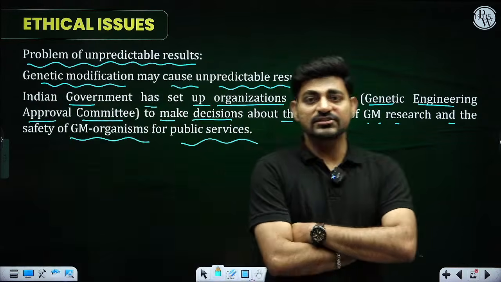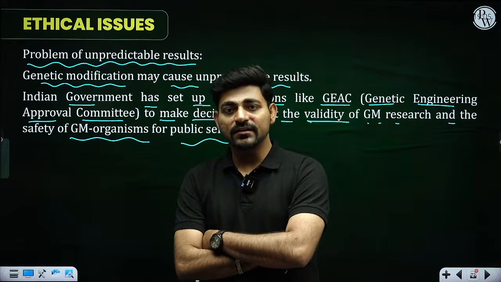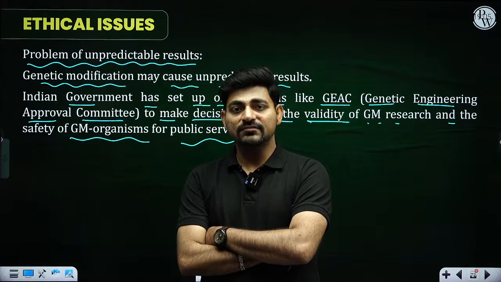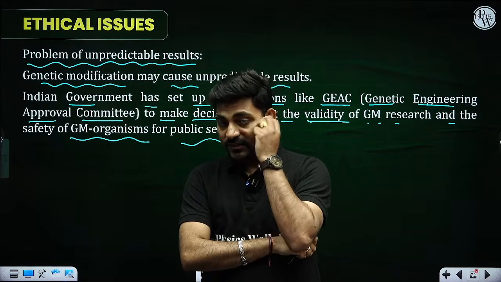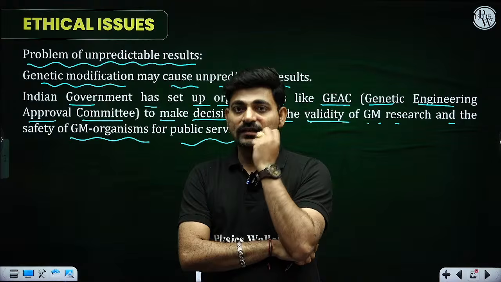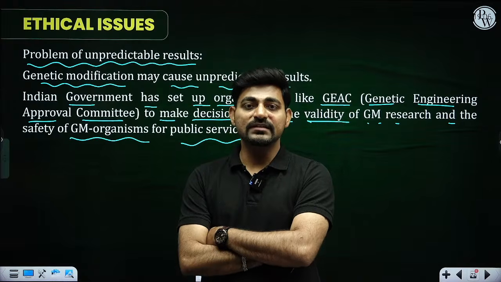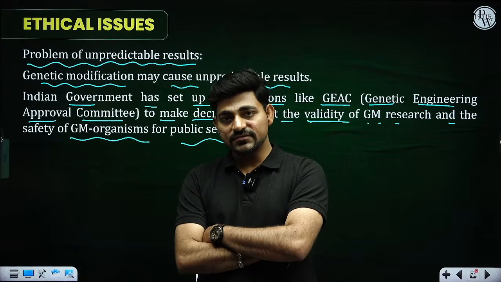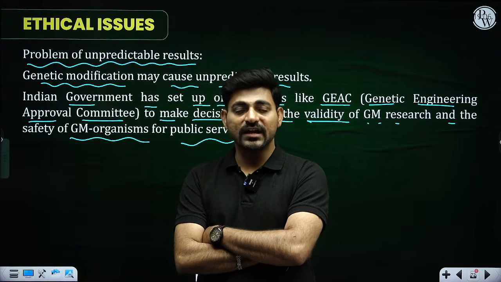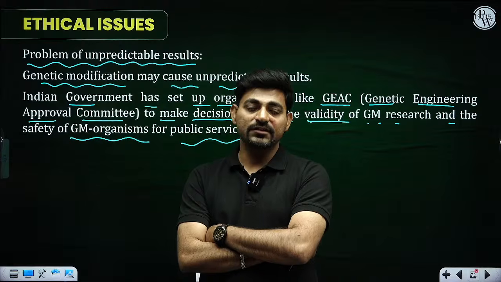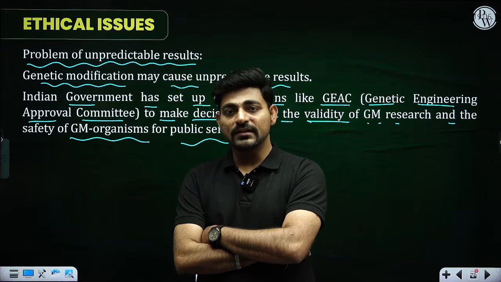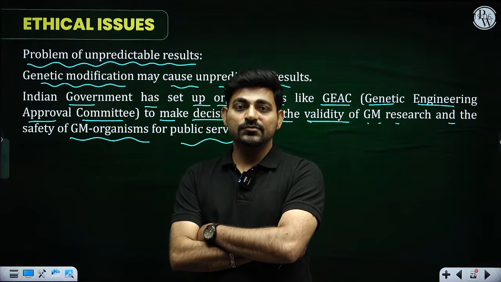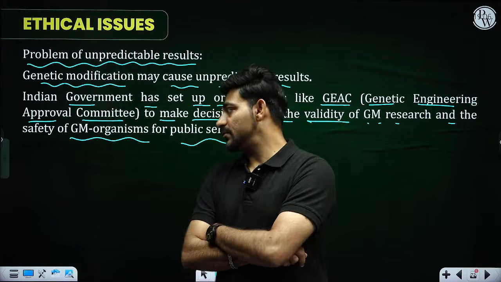First they will check the credibility of your invention, whatever you have prepared, the superior variety of the crop. Then you have to face a trial, okay, and upon successful completion of the trial of your superior variety, whatever you have produced in your lab, then only will you be eligible to send it to market.